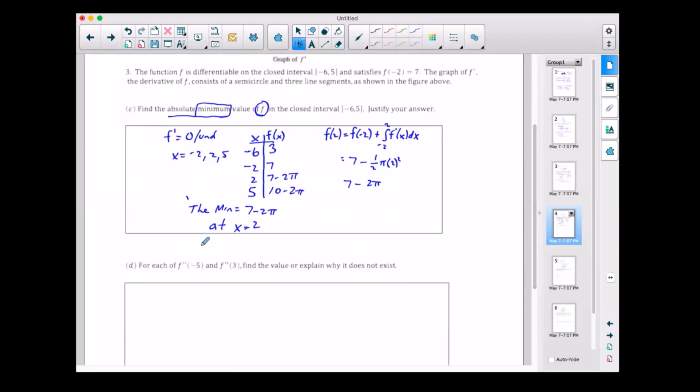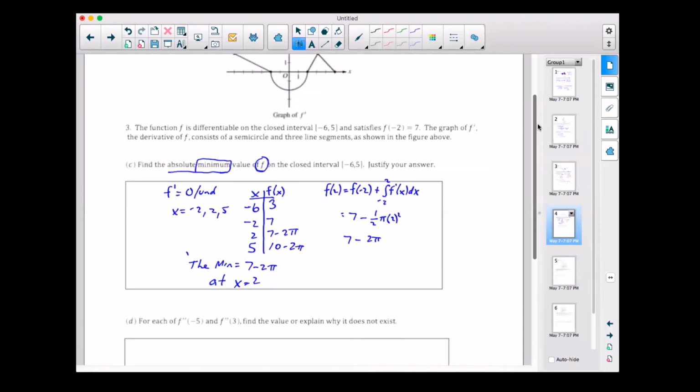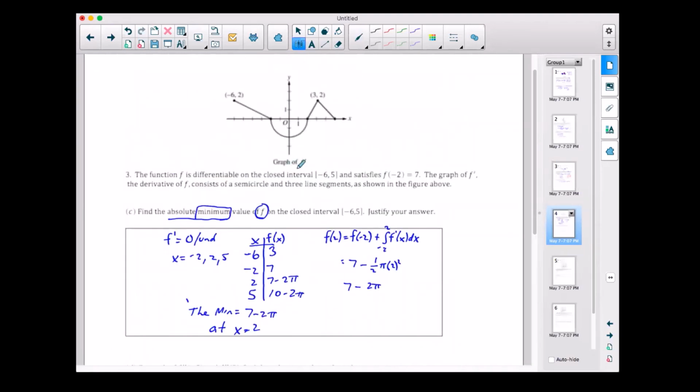What is f double prime of -5 and what is f double prime of 3? In these problems, if you're given a graph of f prime and they're asking about f double prime, they're asking about the derivative of this graph, or the slope of this graph. So the first question is, what is the slope when x is -5? Well, this is -5 right here.